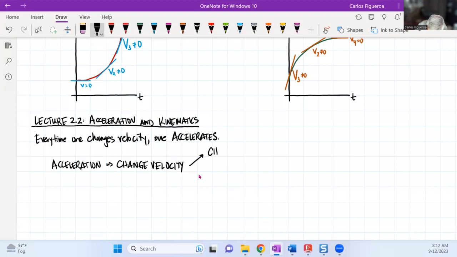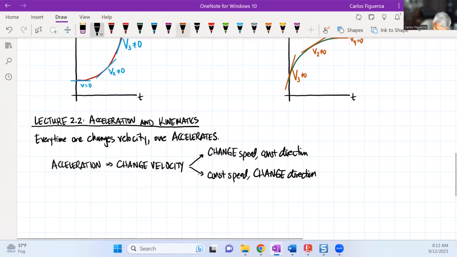We can change speed while holding constant direction, or we can have constant speed while we change direction.